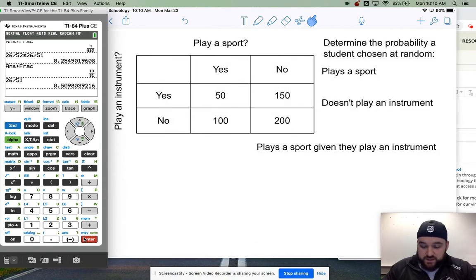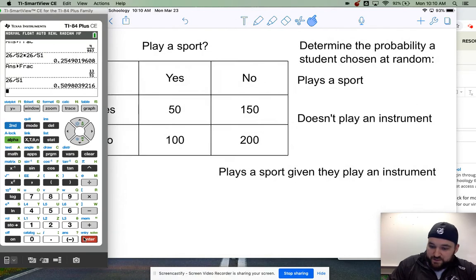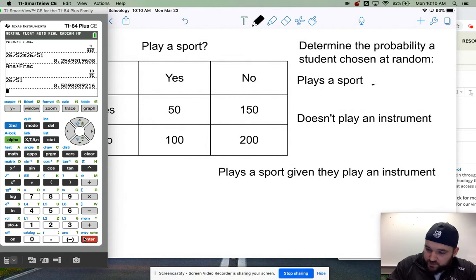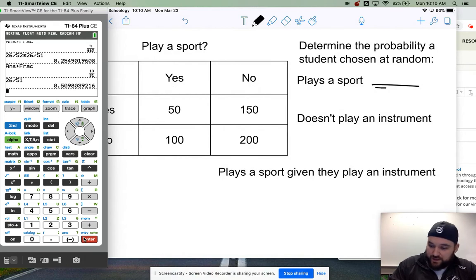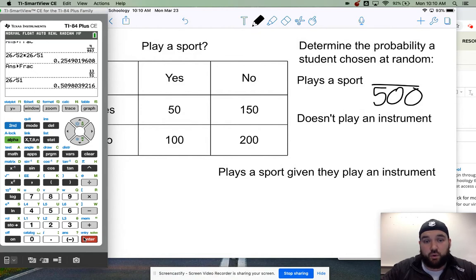So what we could say then is determine the probability that a student chosen at random plays a sport. If I pick one of these 500 people, what is the probability that they play a sport? Now, what can be misleading is, first of all, what's my sample space? The sample space is everyone, right? I'm picking from everybody, so that's out of 500. The question is, what is the probability that someone plays a sport?